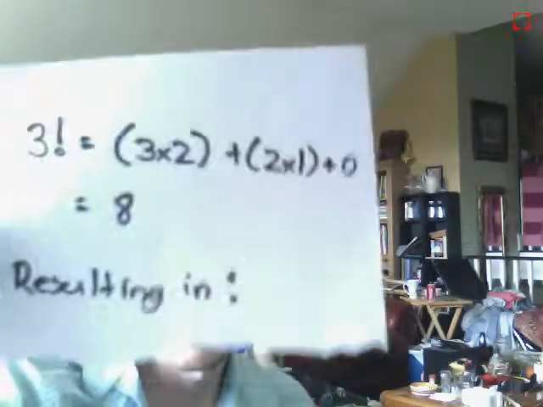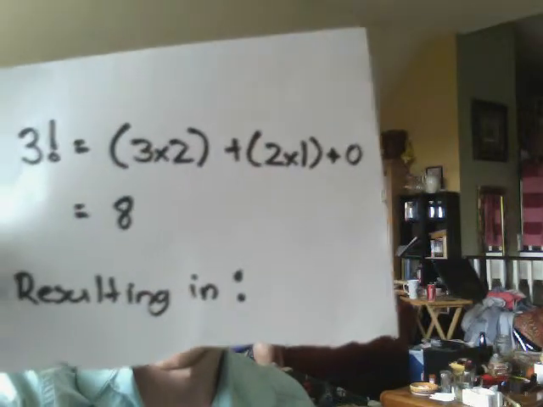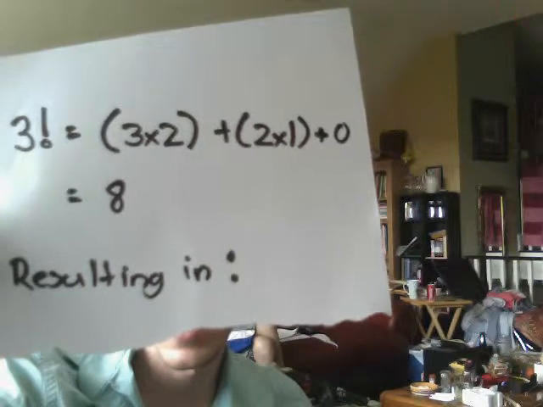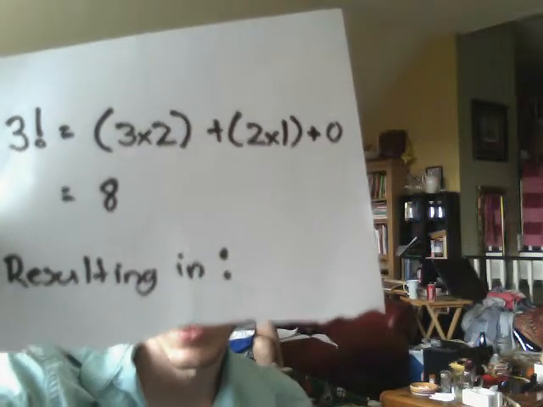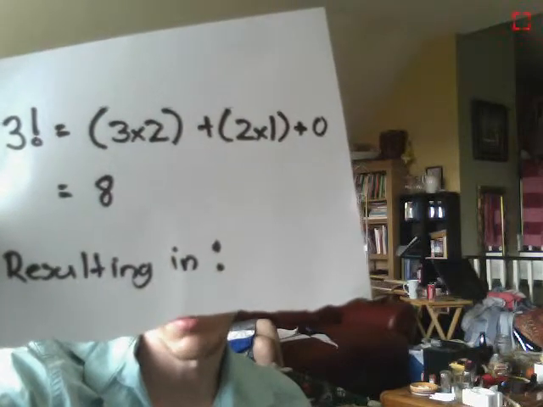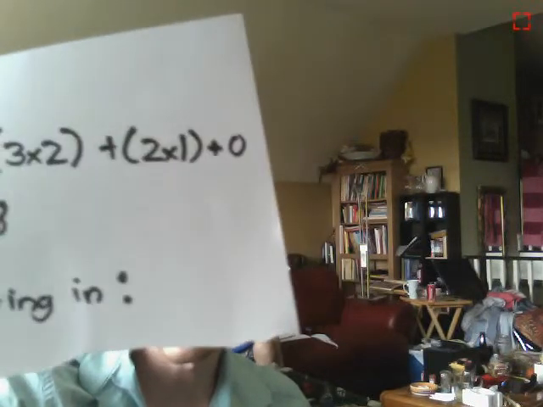permutated. Okay, for those of you who do not know what a permutation is, this is a permutation. It's with an exclamation mark, and it basically is 3 times 2 plus 2 times 1 plus 1 times 0, so I just put 0, and then I just put the total 8.